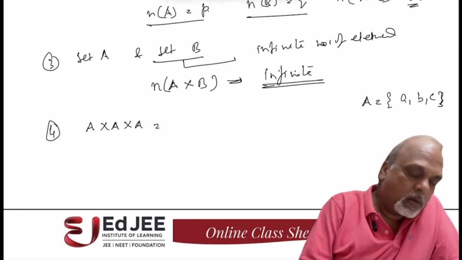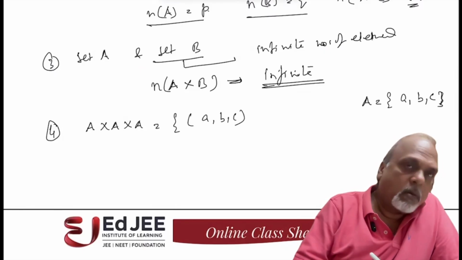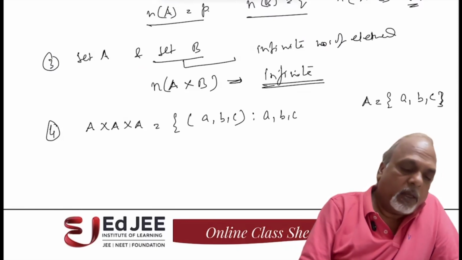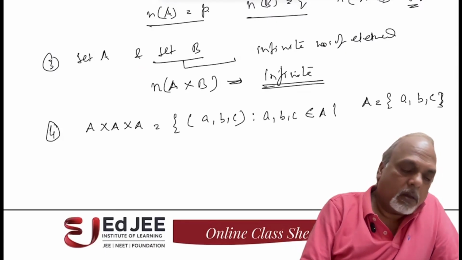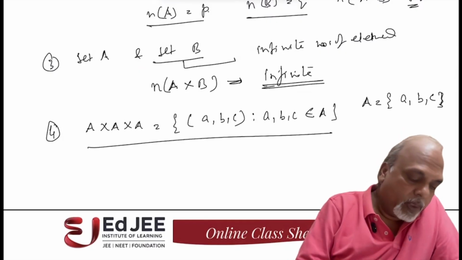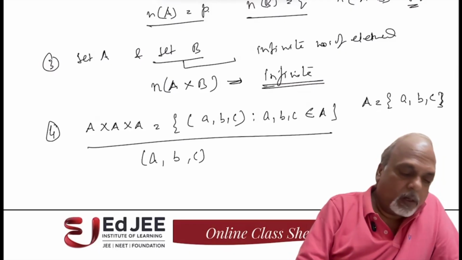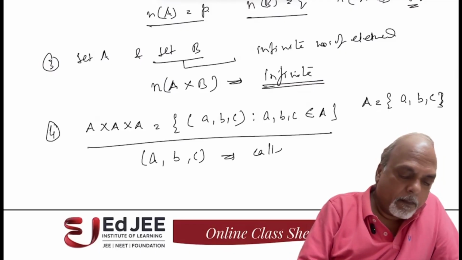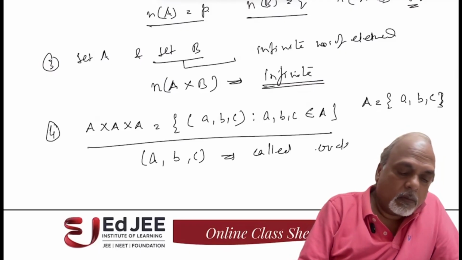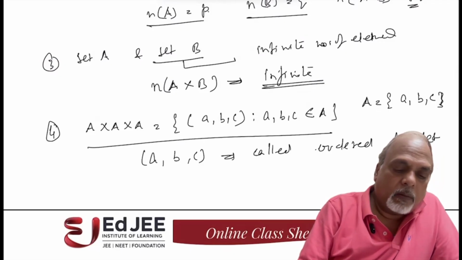Then we can write it as (a, b, c), and all these a, b, c basically belong to A. Here (a, b, c) is called an ordered triplet.